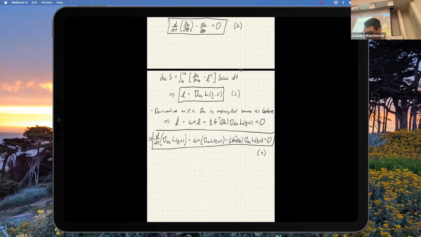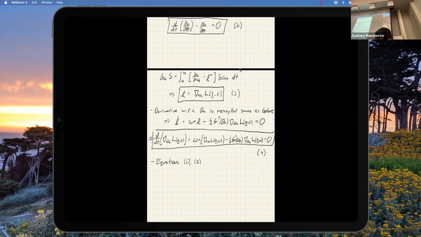Okay, so then the story is equations 1, 2, and 4 combined, stacked together, are the Euler-Lagrange equations for a floating base robot, where you have a base pose with a quaternion in it, and then you have joint angles for the rest of the links coming off of that base link. Something like that. Okay, so you just stack those and solve them all together.